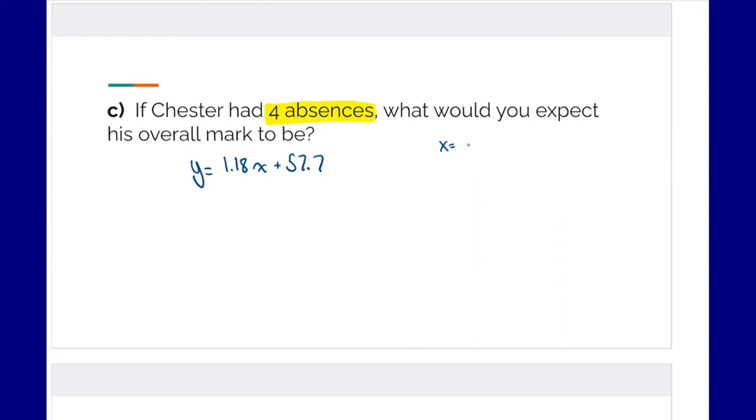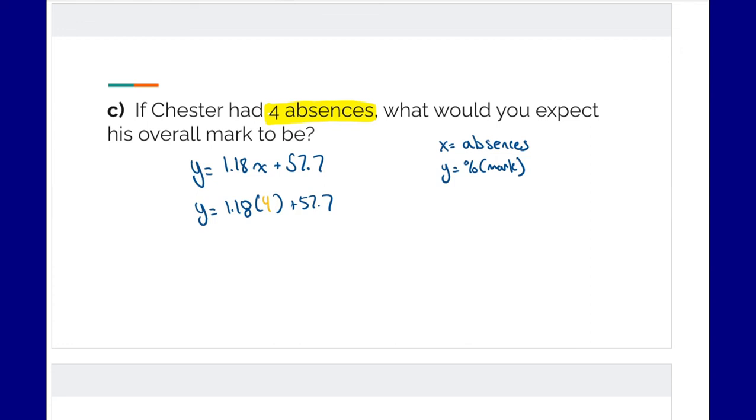So in our case, the x value represented the absences, and y represented the percent or the mark. So when we're given one piece of information, we can plug that in. y equals 1.18 times 4 plus 57.7.